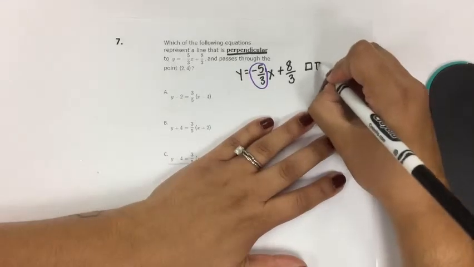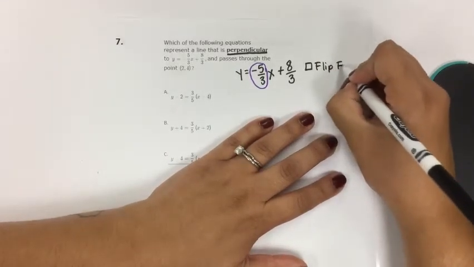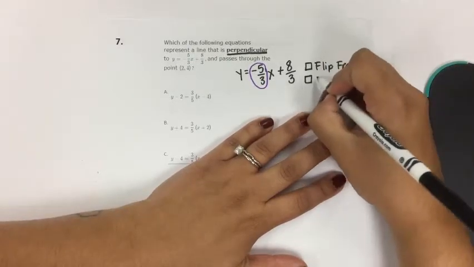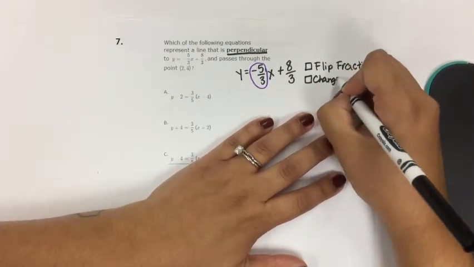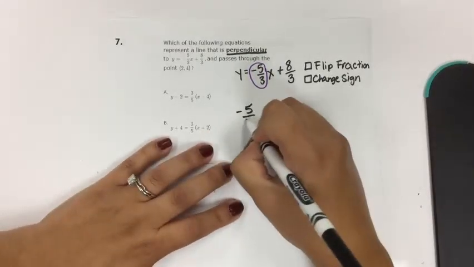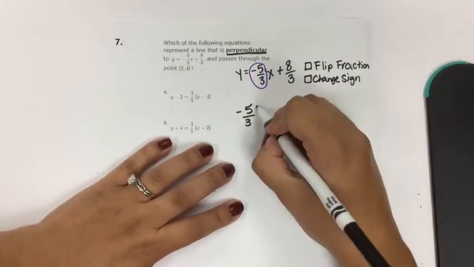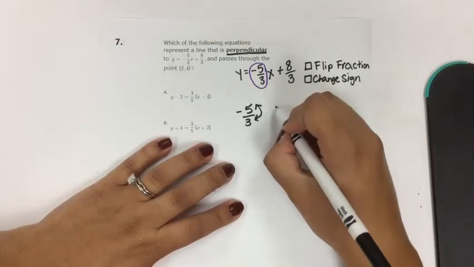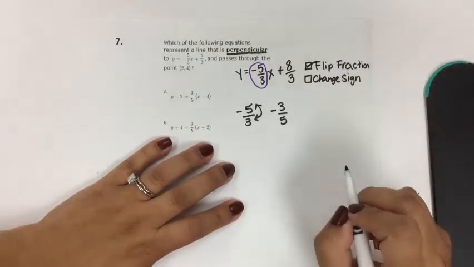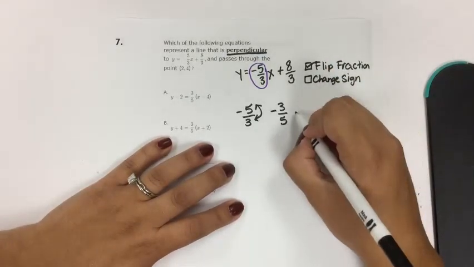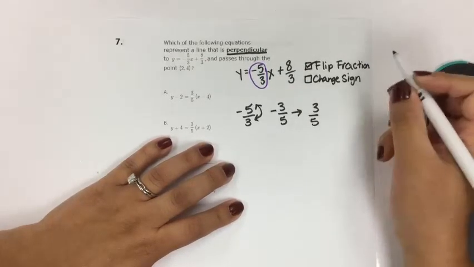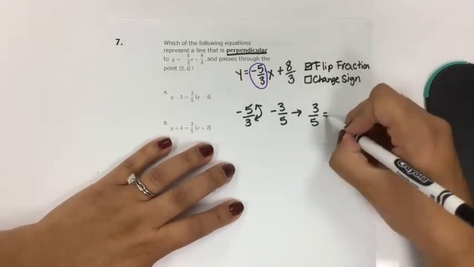I have to flip the fraction, and change the sign. So if I have negative 5/3, I need to first flip it. So that becomes negative 3 over 5, done. And then I need to change the sign. So my negative now becomes positive 3/5.